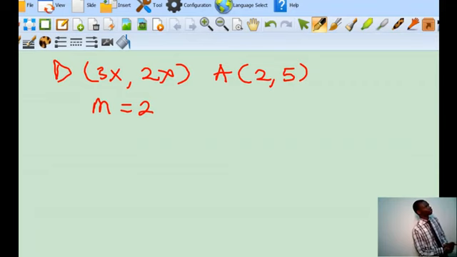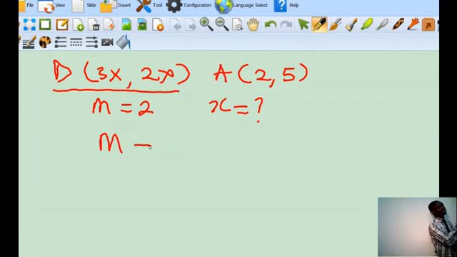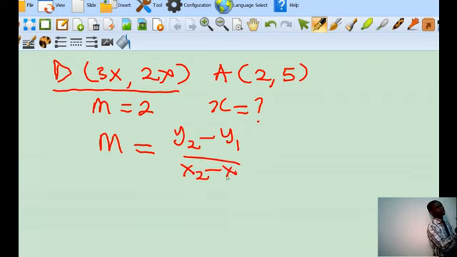Now for the second subsection, we have to find the value of x. If this point D has the same gradient, it means it's collinear with point A. How do we obtain that? Recall that for our gradient M, our formula is y2 minus y1 over x2 minus x1.